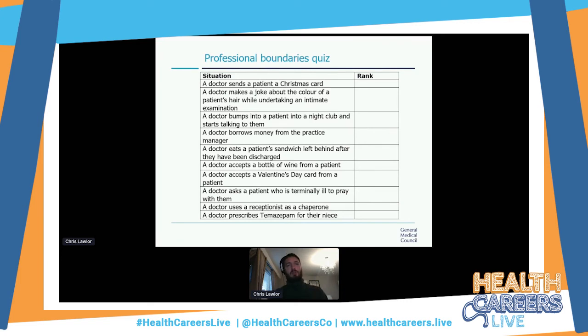The last two, so a doctor uses a receptionist as a chaperone. Generally, no, that shouldn't be happening, but there are now more and more circumstances where GP practices are actually training up receptionists, so they have the skills and the knowledge to act as a chaperone.